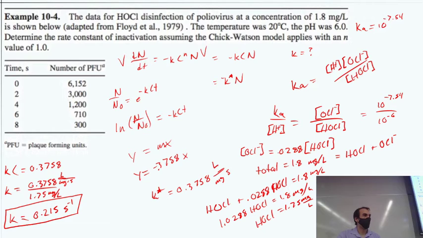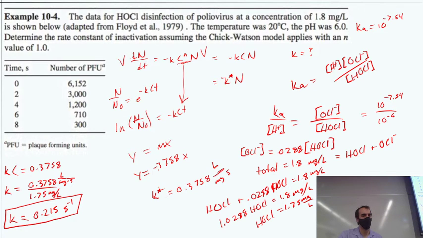A question? Two questions. So when you do the ln n over n naught equals kct, which would give you your equation, I'm just curious why you get time in there. You're relating it back to the regular equation. Like how we got from here to here.